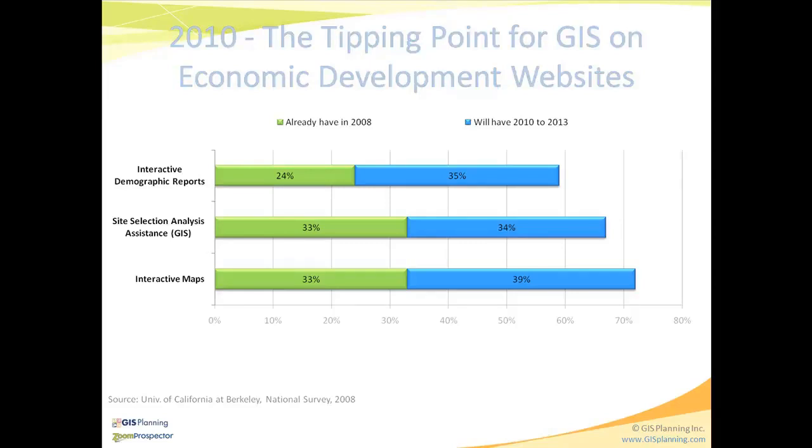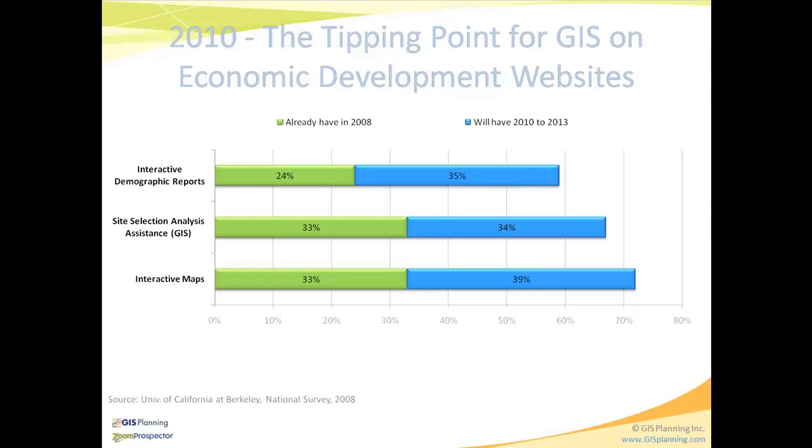There are three areas that are being measured here: demographic reports, site selection analysis assistance with GIS, which is what we're talking about today, and also interactive maps. In green is what economic development organizations across the country had in 2008. So you can see 24% had demographic reports, 33% had site selection GIS, and 33% had interactive maps.